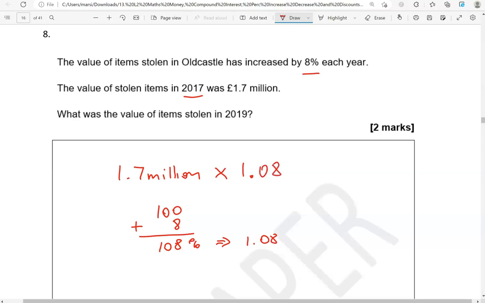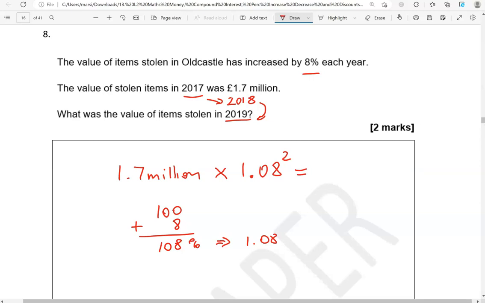So 1.08 to the power of 2, because we've got 2 years in between 2017 and 2019. So 1 year to get to 2018 and then another year to get to 2019. So we're going to do it to the power of 2.